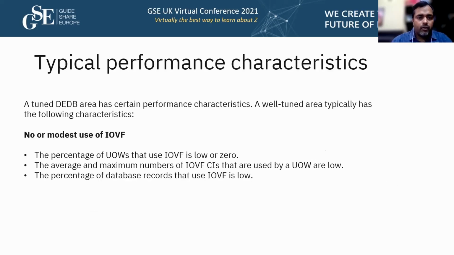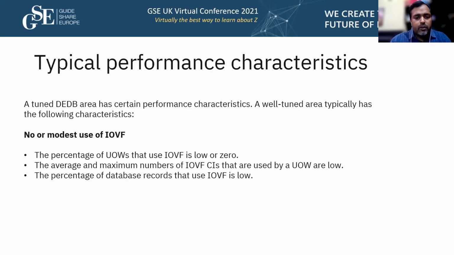Okay, so talking about a typical performance characteristic, if we have a tuned DEDB, it will not use the IOVF, or at a minimum it should use very little of it. So no or modest use of the IOVF section. The percentage of units of work that use IOVF should be very low, or if possible 0, but that is not practically possible.